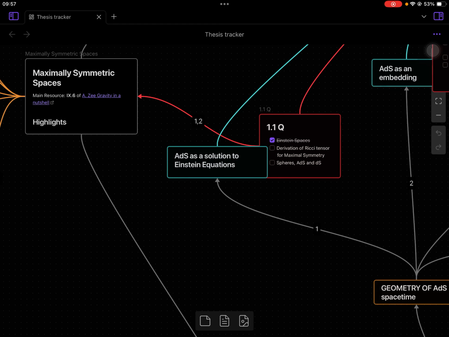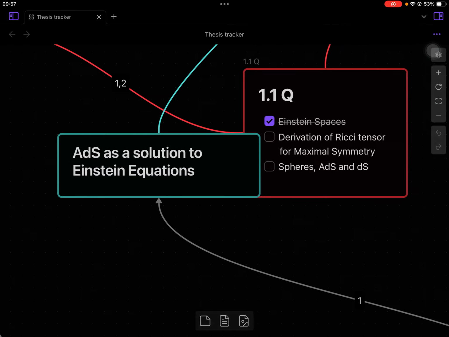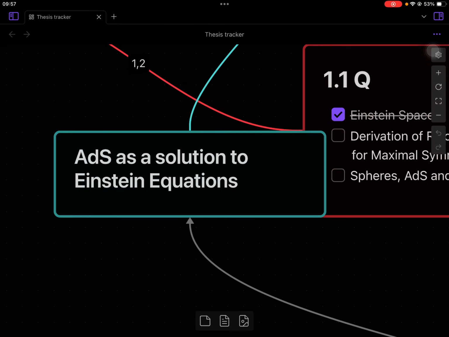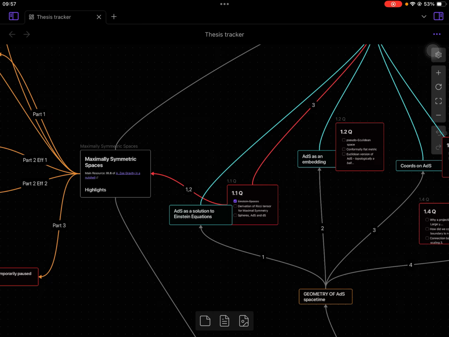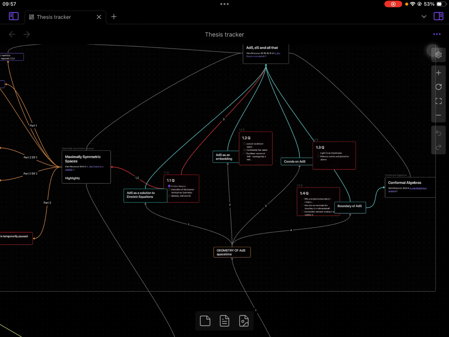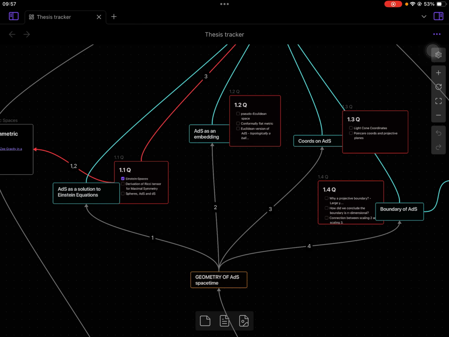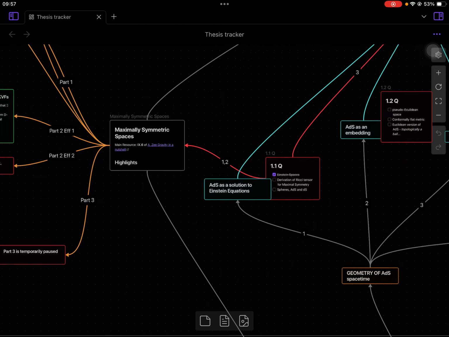So for the last 3 to 4 days I've been working on the first channel of geometry of AdS space-time, which is AdS as a solution to Einstein equations, where I had doubts. Actually, I did read all these 4 channels before, in that review article by Petersen, where these sections were discussed, and I had questions, and I had to look into the details of all those things.